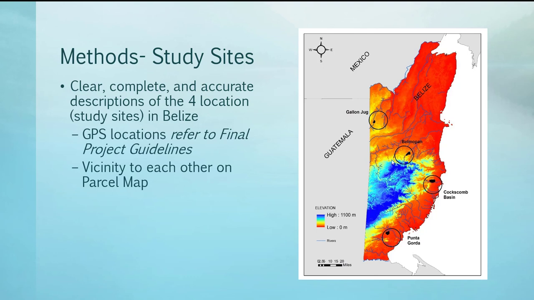So I can describe where they're located within the country, where they're located in vicinity of each other. Also, look, we have an elevation map. I can see right away that there's pretty higher elevation in this area. But like Punta Gorta and most of Coxcomb, they're pretty low elevation, but Belmopan's pretty high, and so is Galanjug.